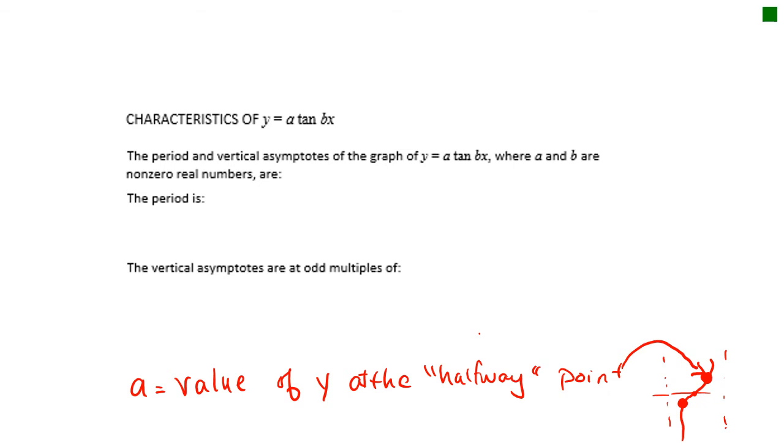The period is pi divided by b, so we can shrink or expand how long the period is. And the vertical asymptotes are at pi over 2 times the absolute value of b. I guess maybe this one should be absolute value as well.